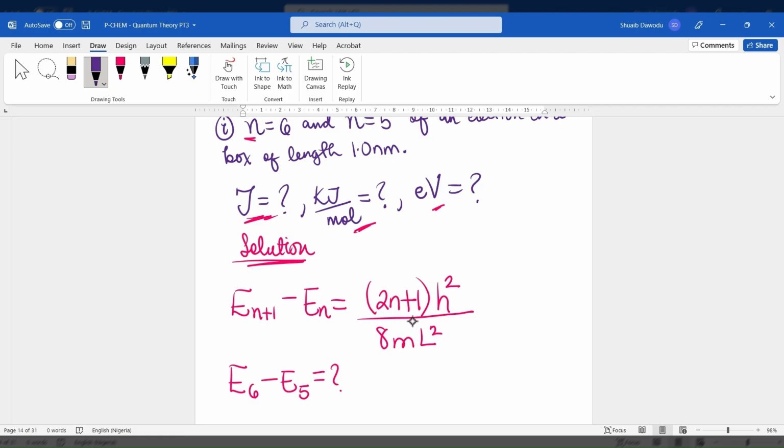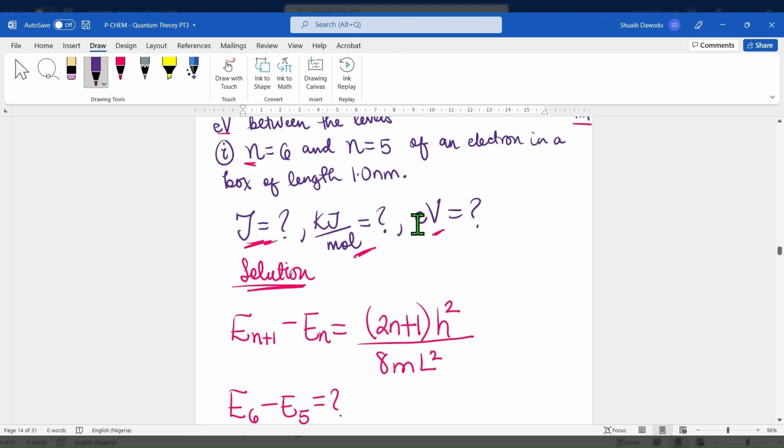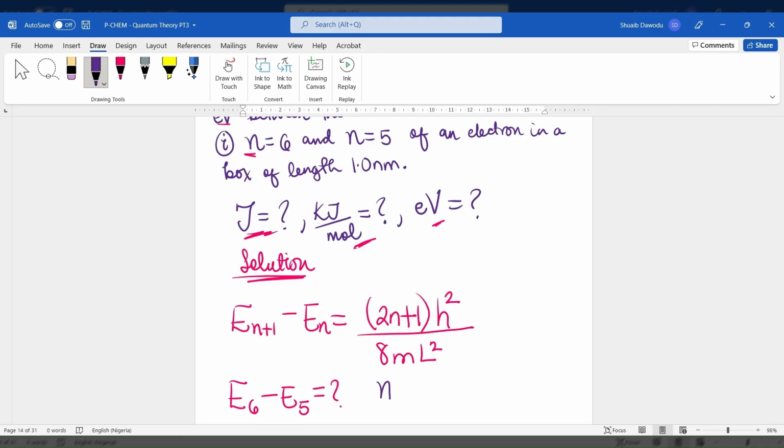We need n to substitute into E sub n plus 1 and E sub n. n is going to be the lower quantum number, and in this case, the lower quantum number is 5. So n equals 5. Another way to look at it is to match the two: n plus 1 equals 6, hence n equals 5.